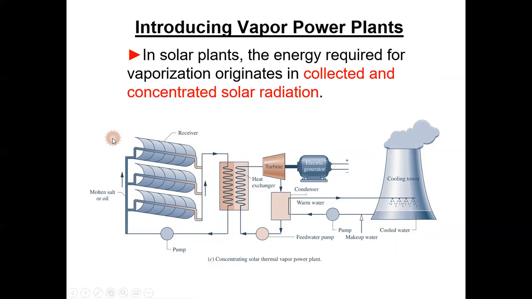It is usually filled with a molten salt that just melts, doesn't vaporize, at a fairly high temperature. And then that liquid is circulated through a heat exchanger, and the heat exchanger actually produces the steam. So we can talk more about that. But you notice, once we pick up energy, we make steam, and everything is pretty much the same.